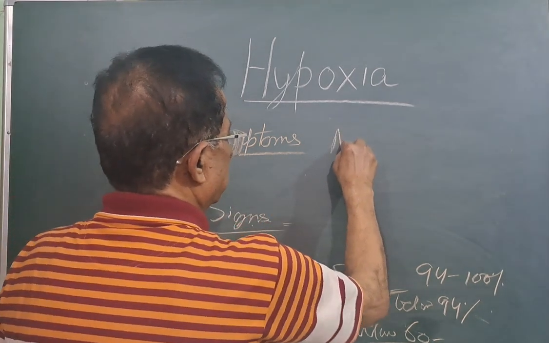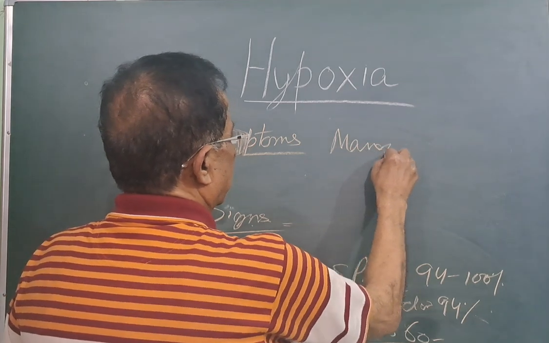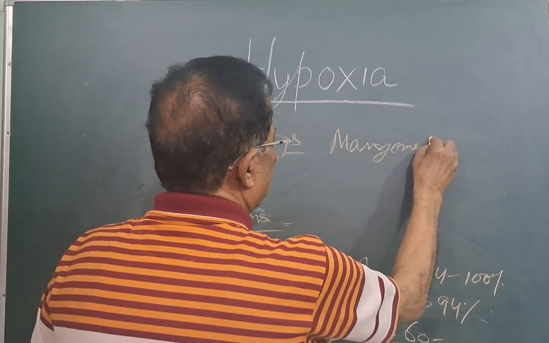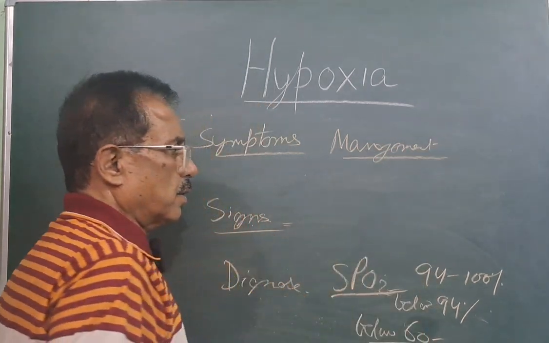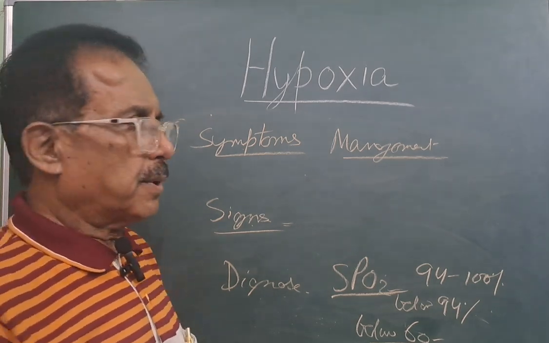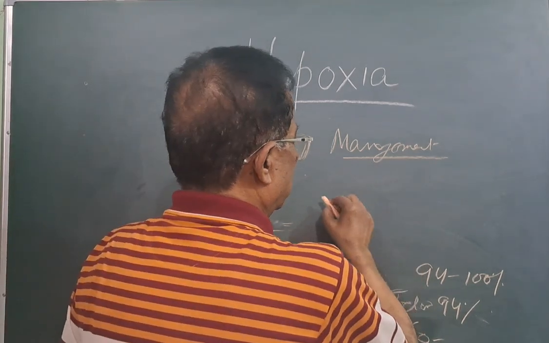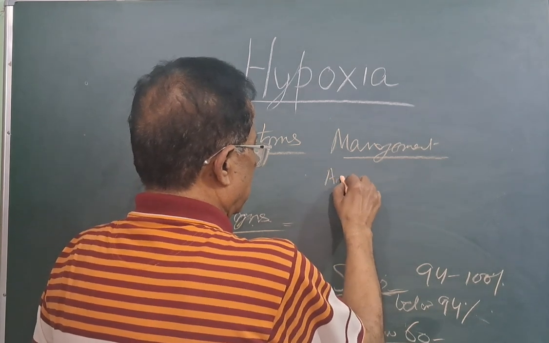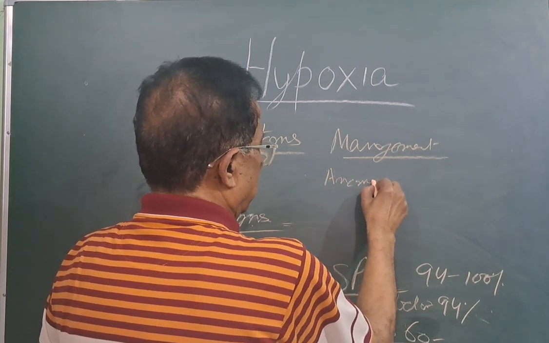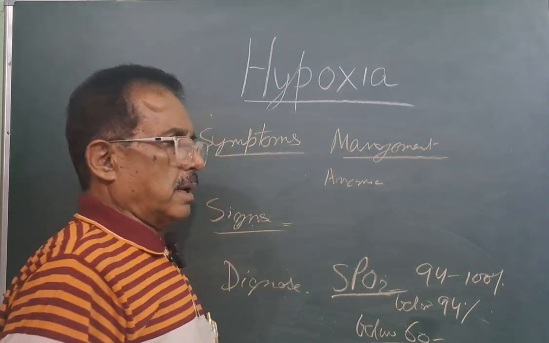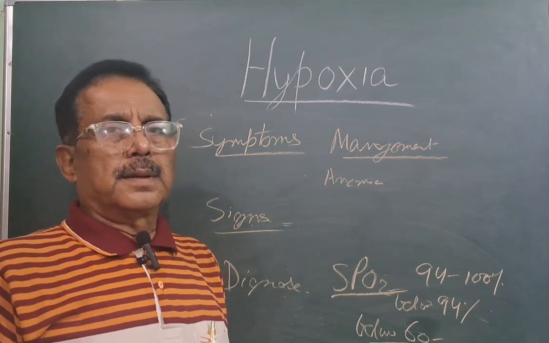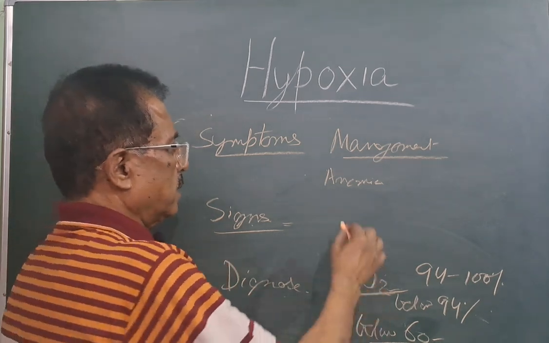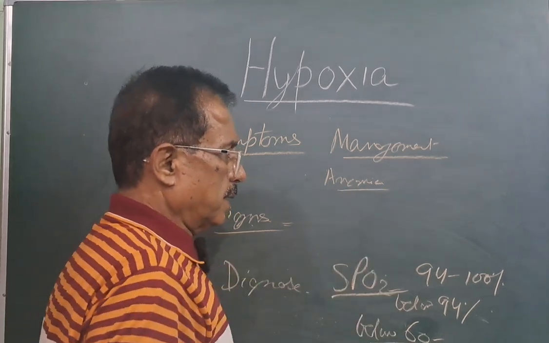Management depends upon the cause of the hypoxia. Suppose anemic hypoxia is there and hemoglobin content is very low, then blood transfusion is indicated.